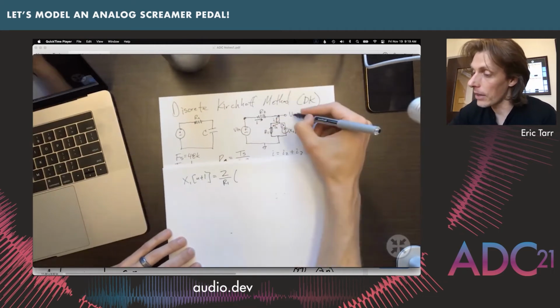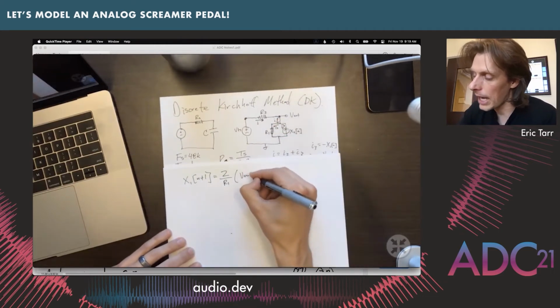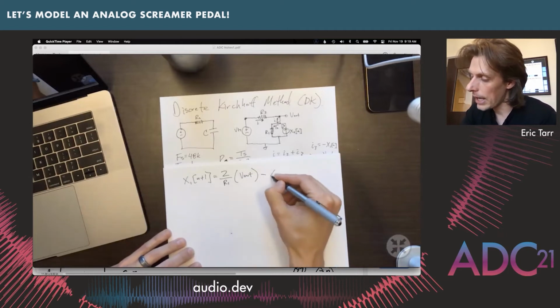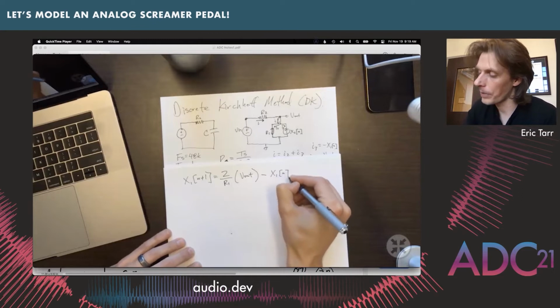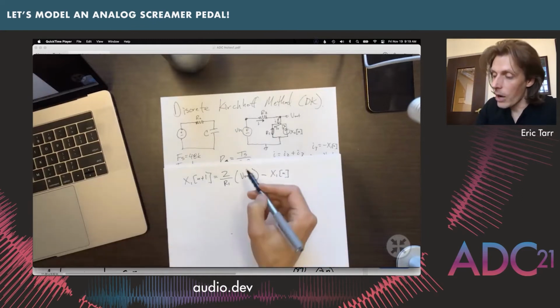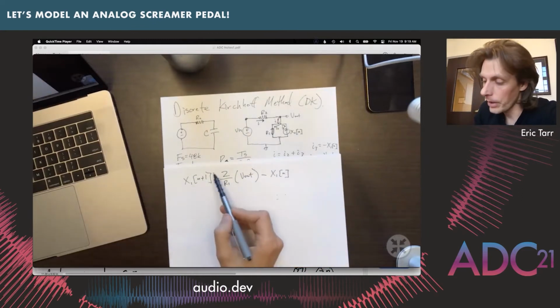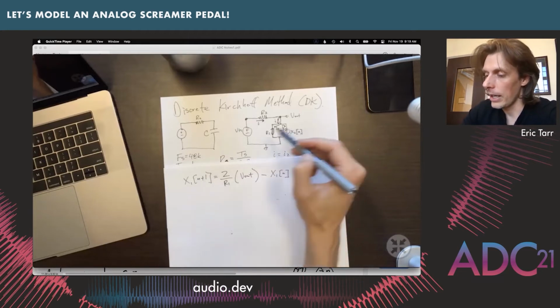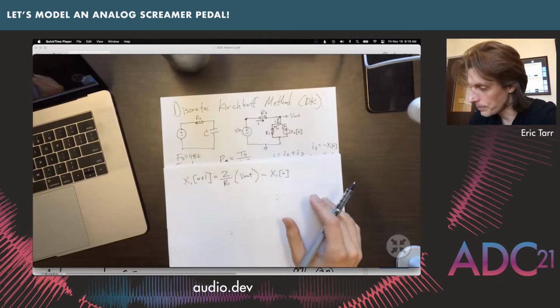That's right now V out. We've already calculated V out in terms of our code. And then you do minus X1 at the current state. So this is how we can update our current source that we use as part of the substitution for the capacitor.